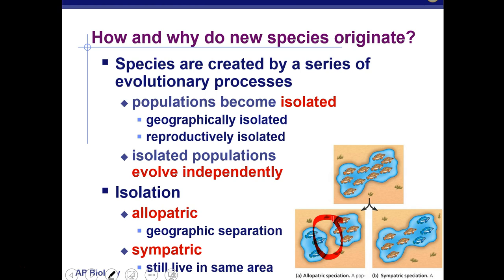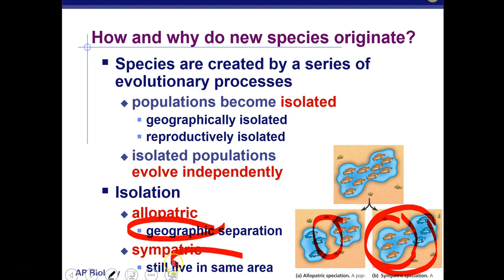Those 2 fish could not get together if they wanted to. Sympatric, they're in the same area, but whatever the brown fish are doing, the blue fish, it's not their cup of tea, and they're not going to interbreed with them. So those are the 2 types of isolation. You could think of them as physical or behavioral.